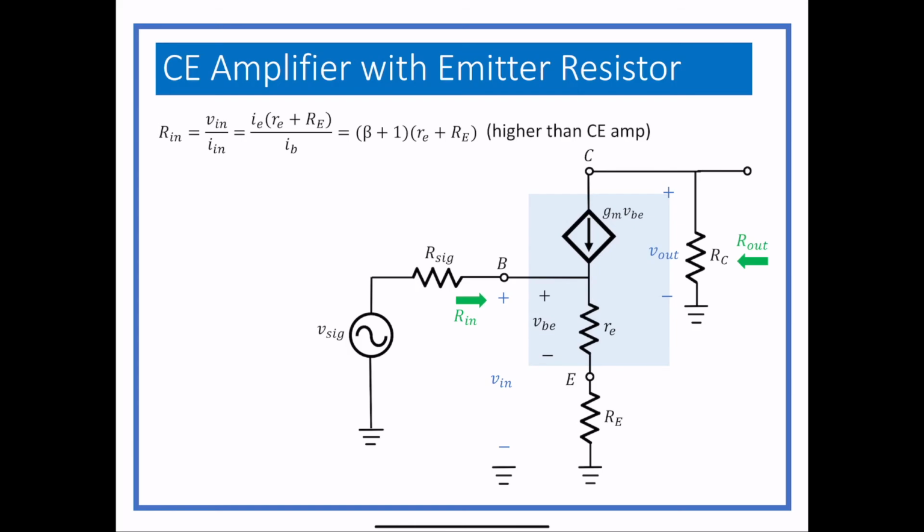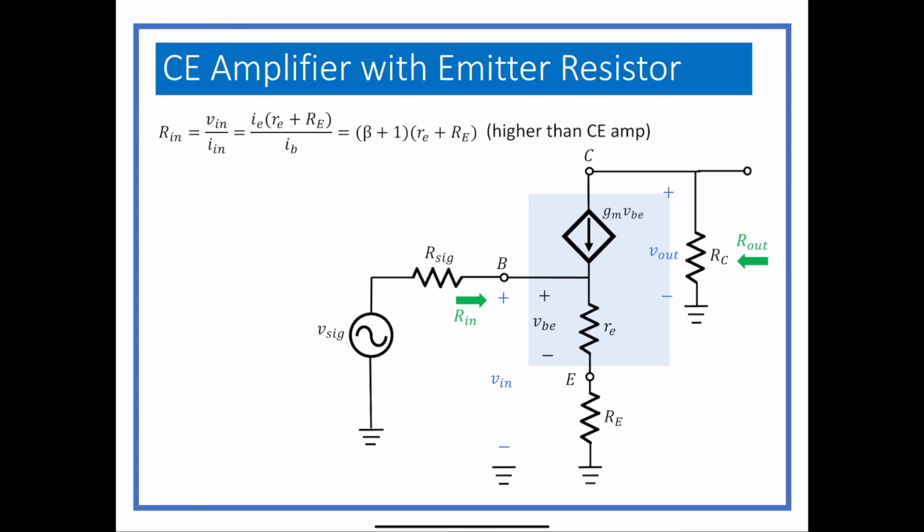So IE is equal to beta plus 1 times IB. That's how we end up canceling out IB, and we just end up with that beta plus 1 there. So whereas before we had r pi, which was beta plus 1 times little re, now the input resistance is just beta plus 1 times little re plus big RE. That's the only difference, is the input resistance ends up being larger.